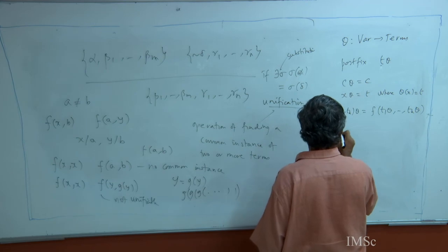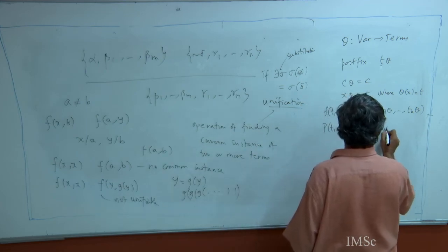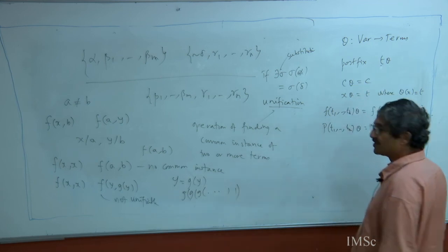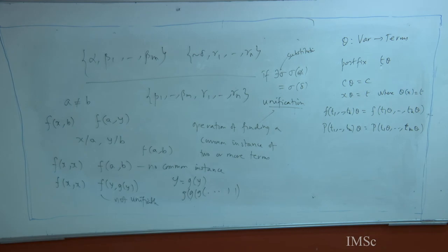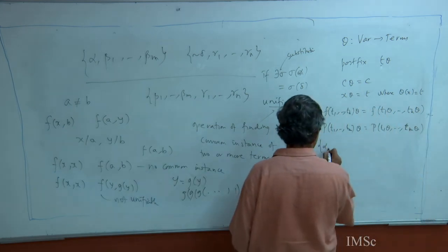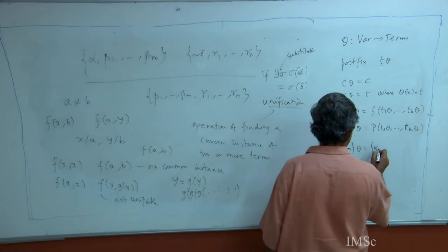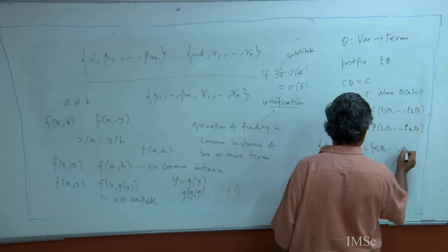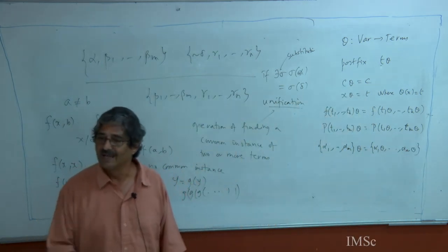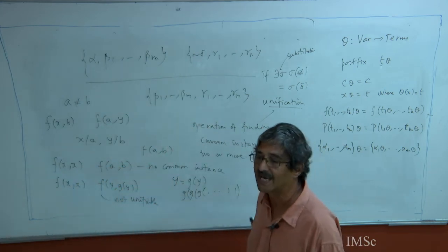Similarly, P of T1 through Tm theta. So you go inside and apply. Then you have clauses alpha 1 through alpha m theta. So basically you are only applying it on terms, and so now you can talk about instances of clauses under substitution theta as well.